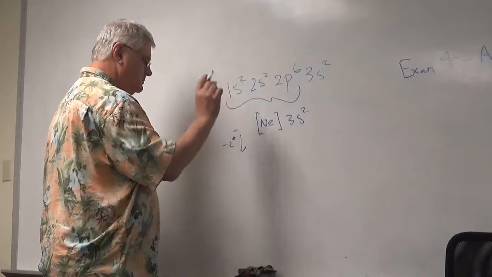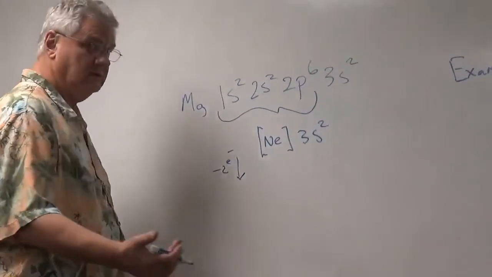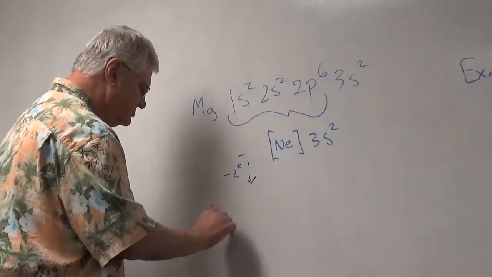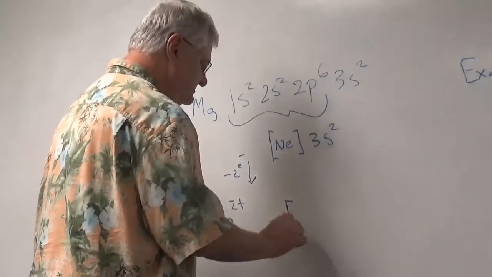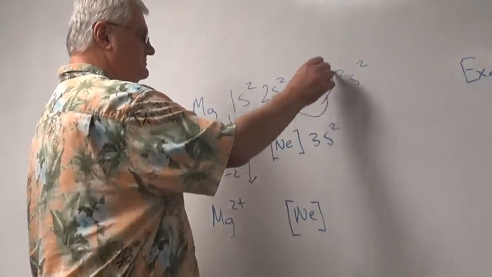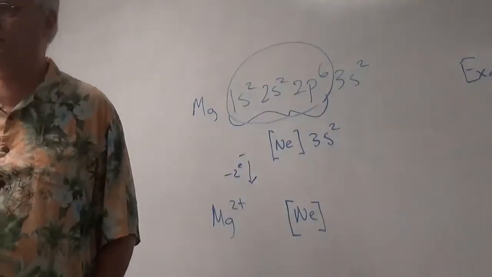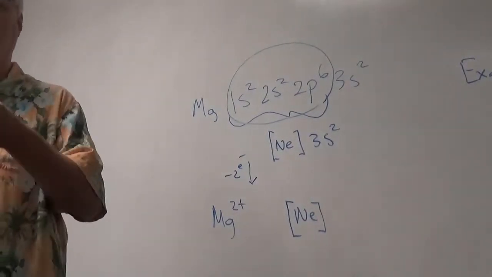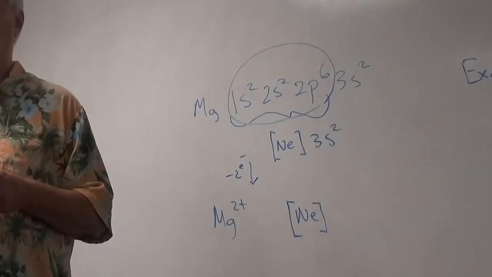Well, now it will have the same electron configuration as the neon atom. So when magnesium has a 2+ charge, its electron configuration is simply the same as neon. Okay? Easy. This is really what's considered the driving force for why main group elements form the ions that they do.